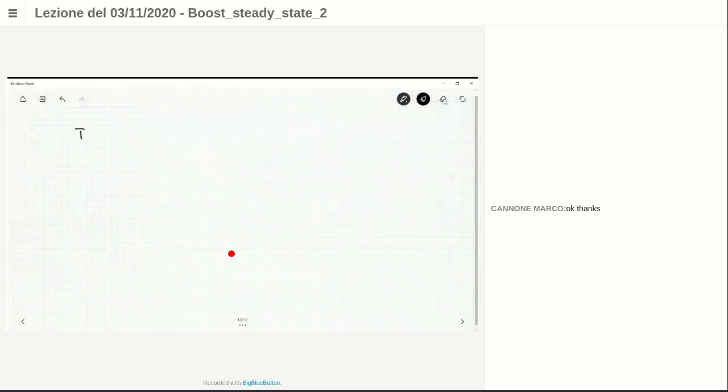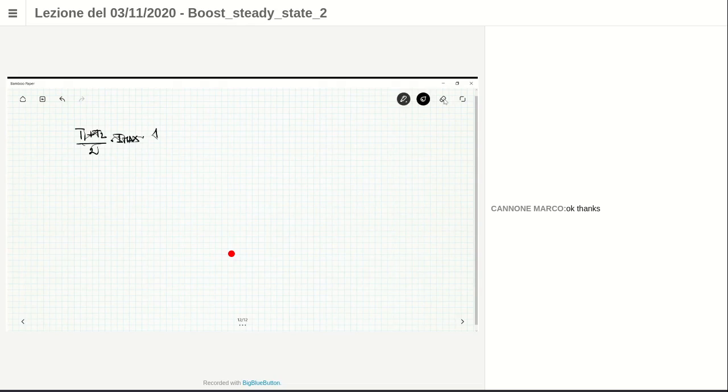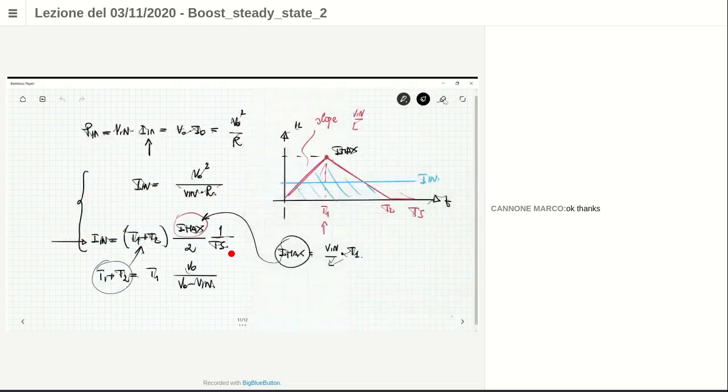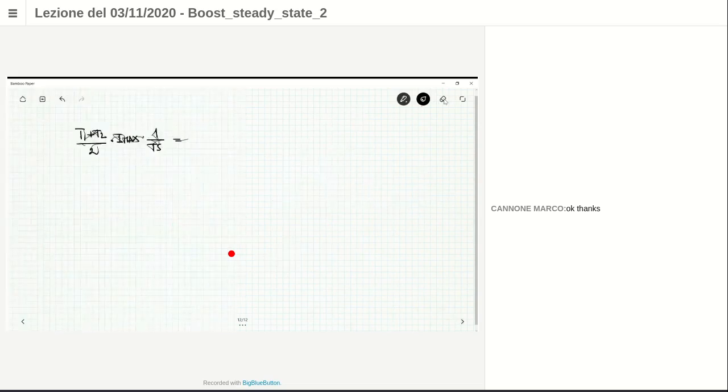Let me write T1 plus T2 over Q multiplying Imax divided 1 over Ts, and this is I in, but I in is also equal to V naught square over V in multiplied R.